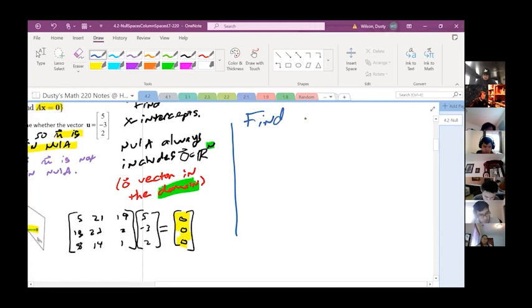If I want to find the null space of A, and sometimes I'll use parentheses like it's a function, sometimes we will just write it without parentheses, what I need to do is solve AX equals 0.